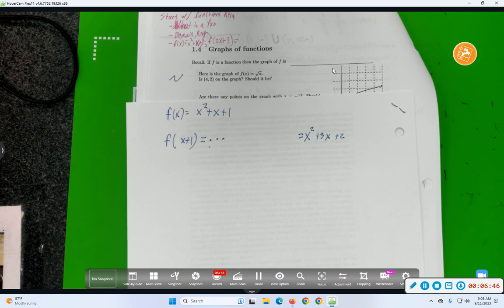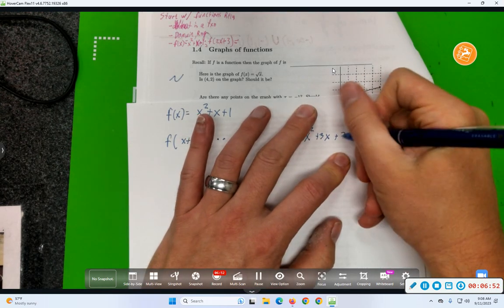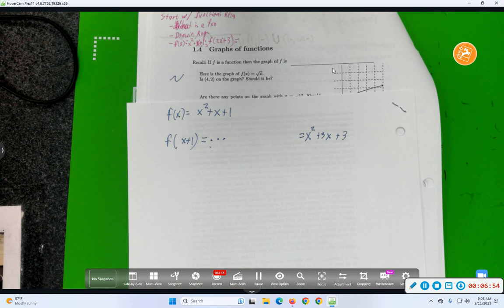Agreement or disagreement? Plus 3. The answer with the plus 3? The answer with the plus 2? Other answer? Should I talk through it?